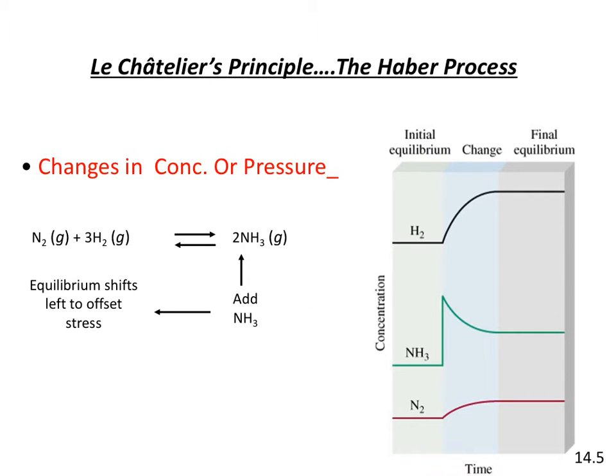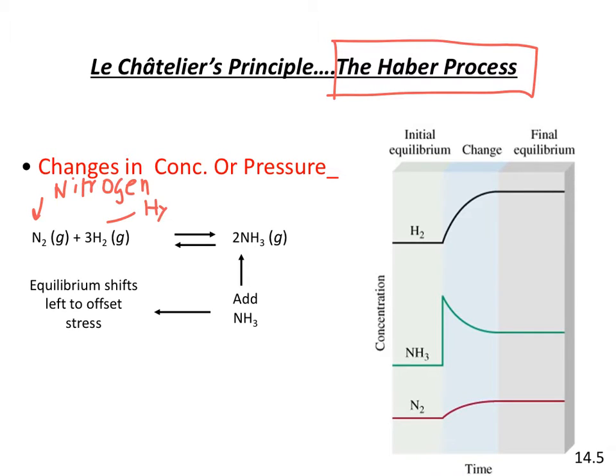Okay, so one of the first examples that we'll see using Le Chatelier's principle is the Haber process. We've mentioned this before. The Haber process is nitrogen. So we have nitrogen gas, and we have hydrogen gas. They are in equilibrium, producing ammonia.